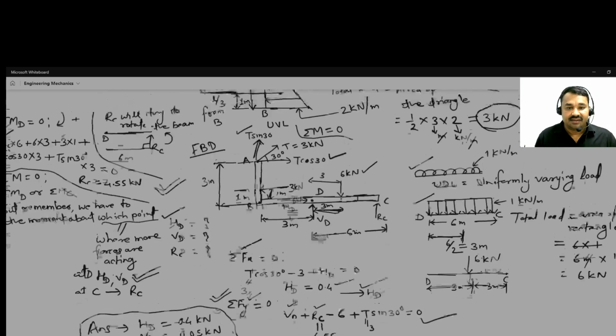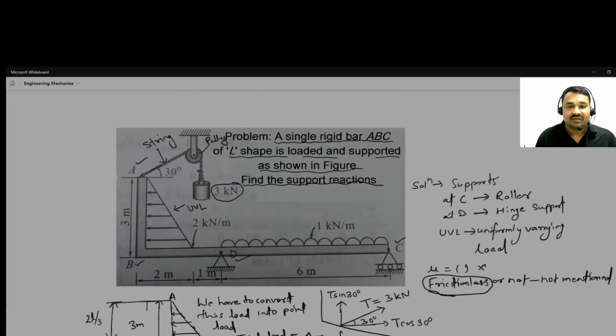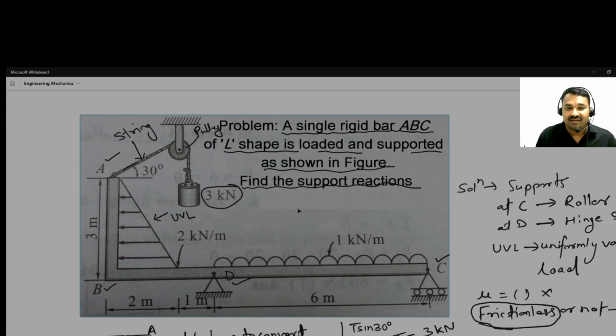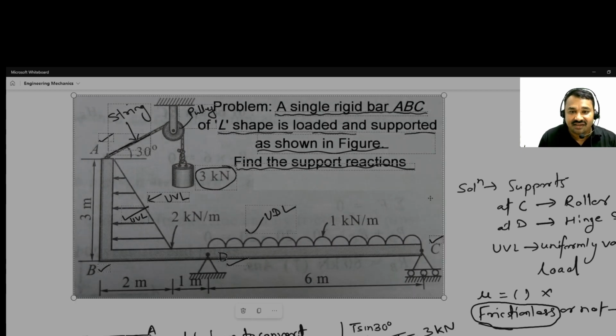So what we did here: this beam looks very complex because there are a number of things, it is loaded by UVL, uniformly varying load, and uniformly distributed load, and there is also an inclined load due to string, and after replacing the support reactions, the point loads.